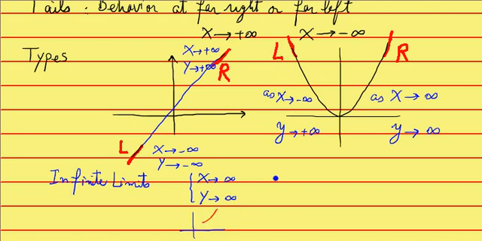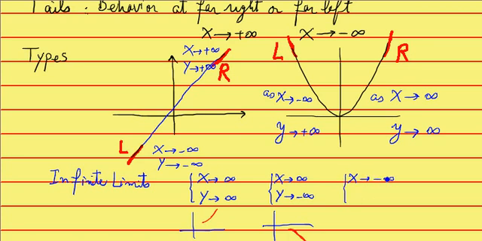If you have x going to infinity, y going to minus infinity, you are dealing with a function whose behavior perhaps is like this, going all the way down, or perhaps with a different inflection as it's going down. Another item to look at is on the left tail.